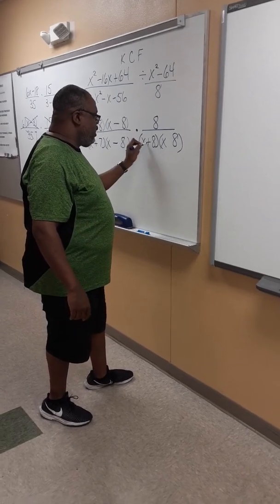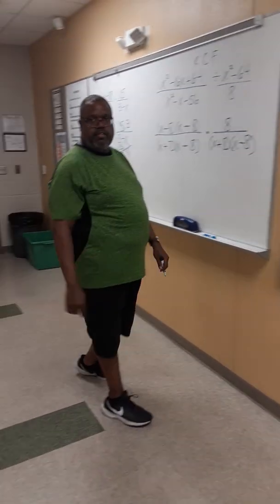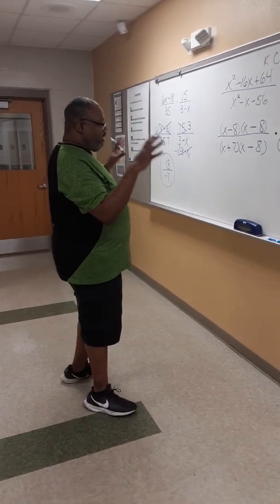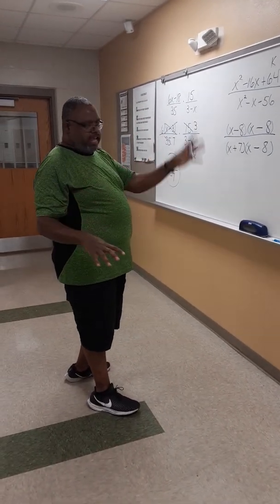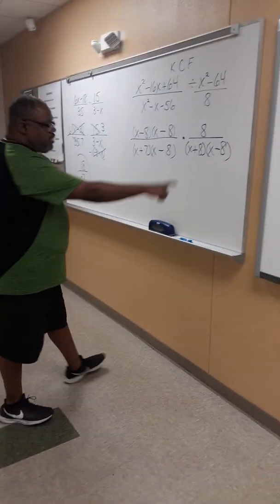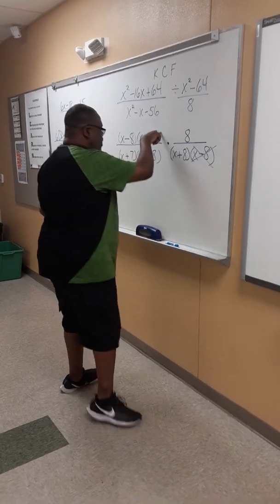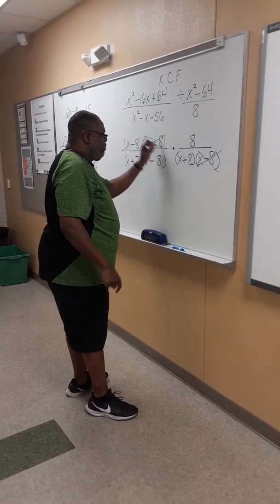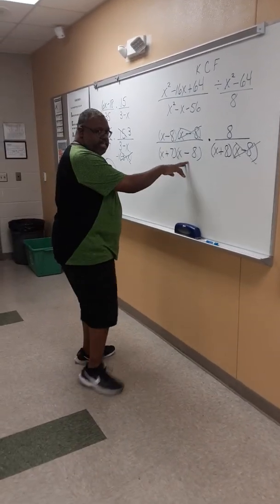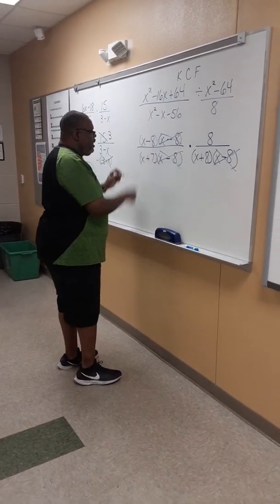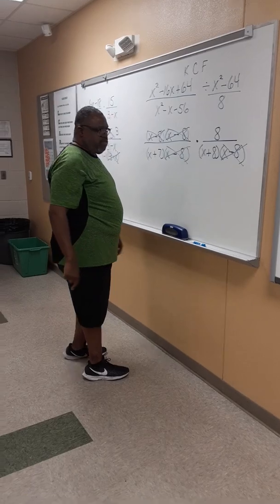One is going to be positive and one is going to be negative. So now that I factored everything here, I can start canceling things out. This x minus 8 here can cancel out with this x minus 8 up here. This x minus 8 here cancels out with this x minus 8 right up here.